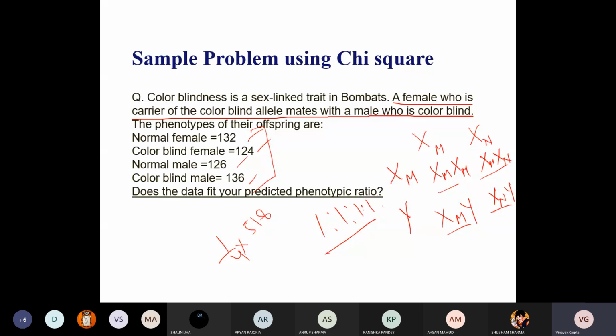Here it says she is a carrier of colorblind, and not that she is colorblind, that is why we are assuming. Whenever we see the word carrier, carrier means heterozygous. That is a standard definition in genetics. In general language, it is confusing. When we say carrier of a disease in normal language, that means the person has the disease, right?